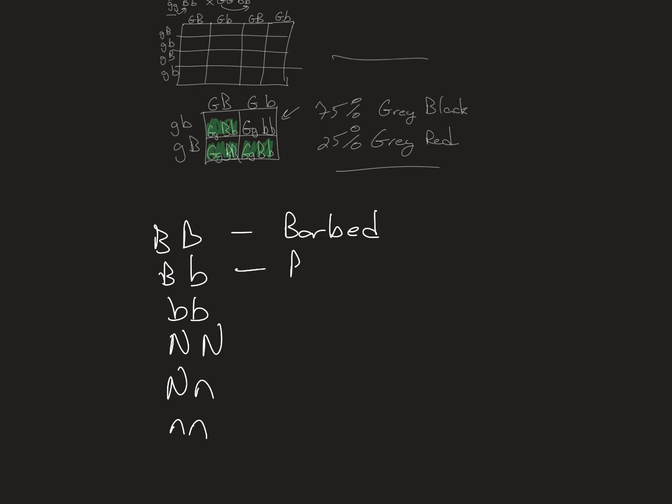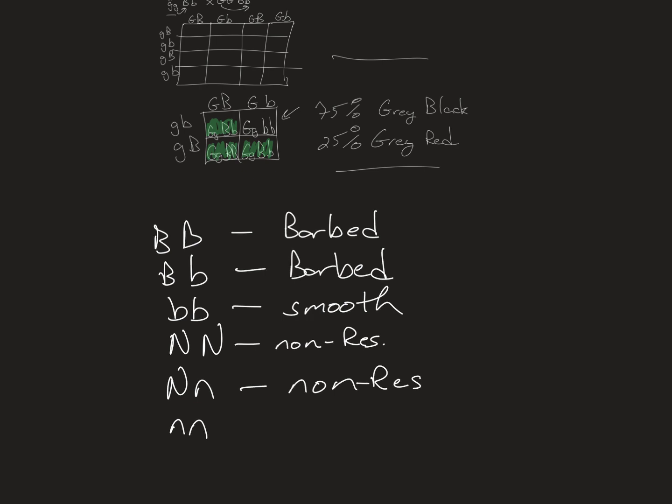So these are both barbed. This is smooth. This is not resistant. This is non-resistant. So that means if you put a pesticide on these guys, they're gonna die. Anything that has this gene, that pesticide may not kill them.